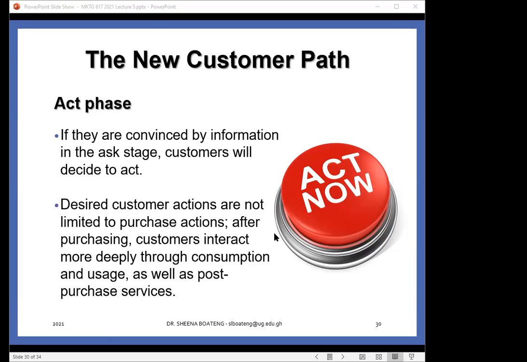Because once they have been able to get all this information, they will be able to make a convincing choice out of the list that they have and decide to act on one of these brand options in the short list that they have created. Now, the list of actions that they can take are not limited to actually making a purchase.